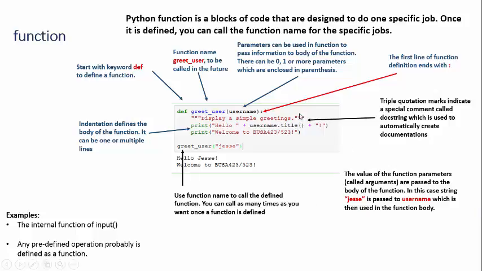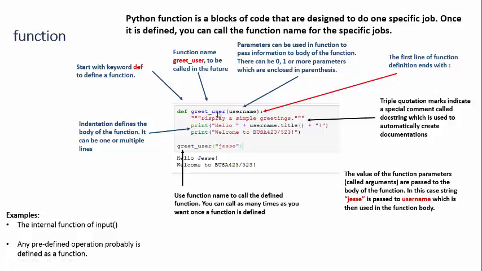So in this particular example here, to define a function, we first use def as the keyword to basically tell the program, okay, I'm going to define a function, so I use def. After def and a space comes the function name, greet_user.